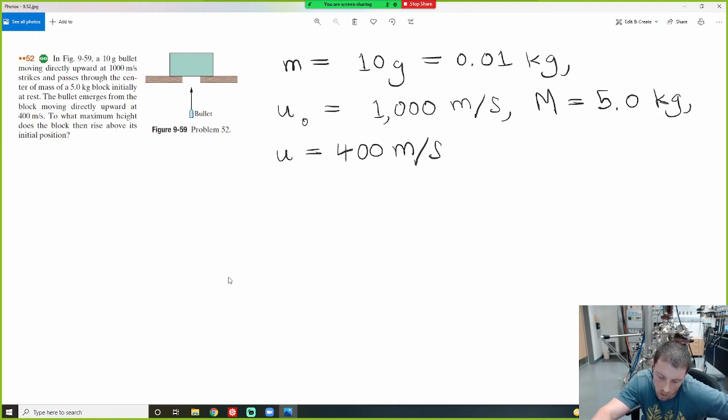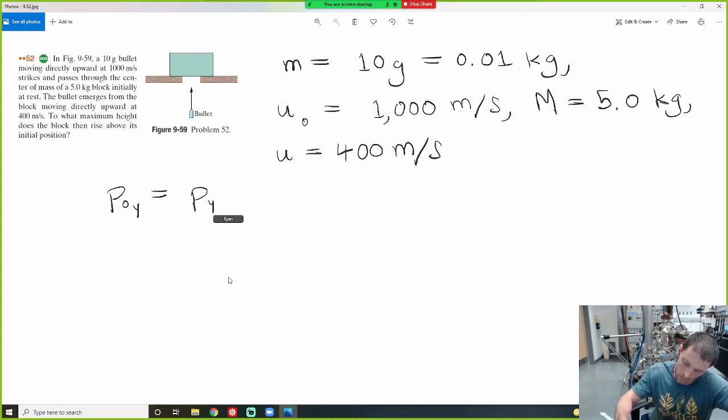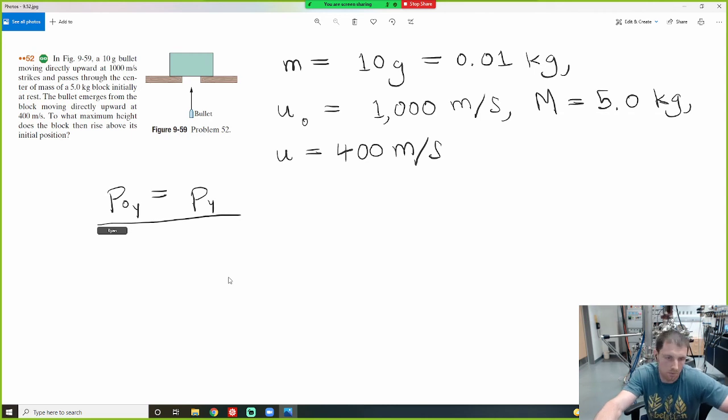Okay, so we're going to do conservation of momentum in the y direction. And we're going to think about right before the bullet hits the block and then immediately after it emerges from the block. And so what we'll have is the initial momentum is just m u naught.